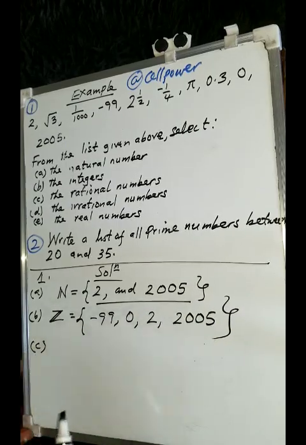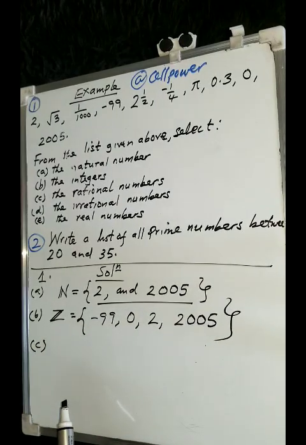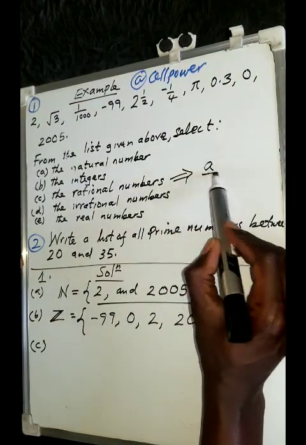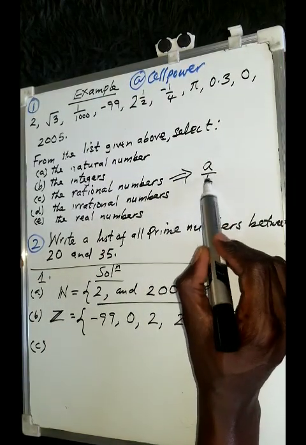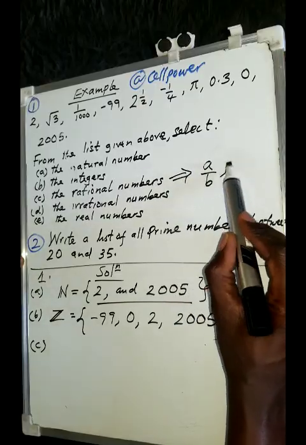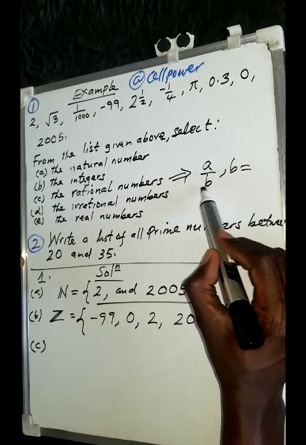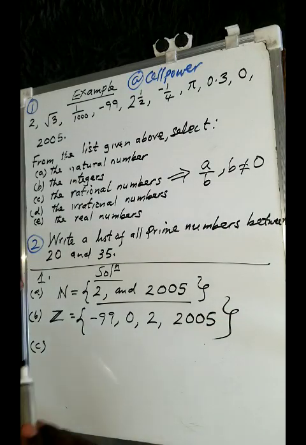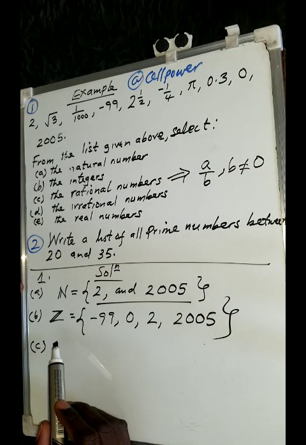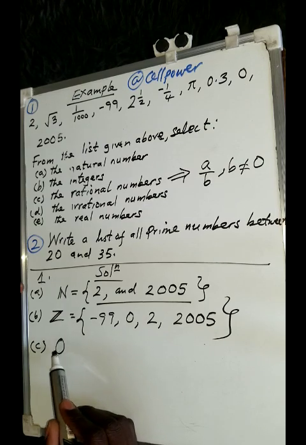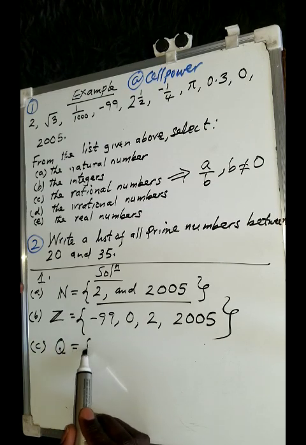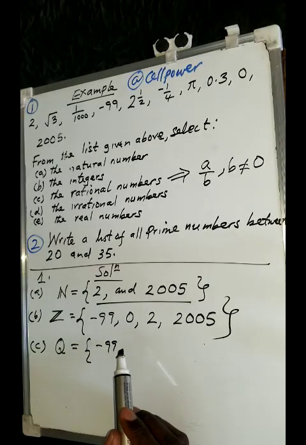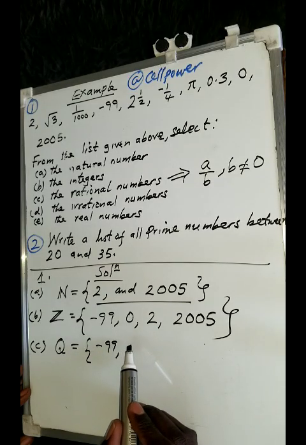All right, so for C, it says the rational numbers. Remember, we said rational numbers are those numbers that can be expressed in the form a over b. In other words, you can express them as a fraction, but the denominator should not be equal to 0. When I talk about rational numbers, the symbol looks like a Q. Numbers would include negative 99, which is a rational number.